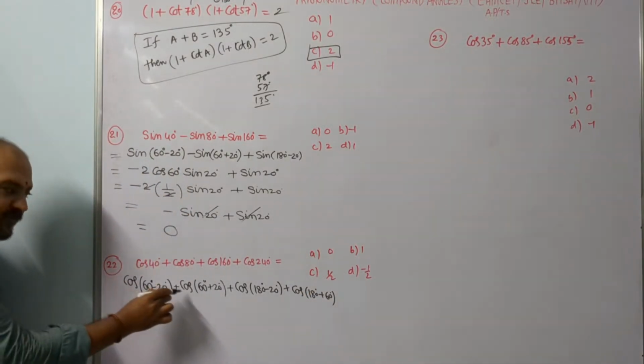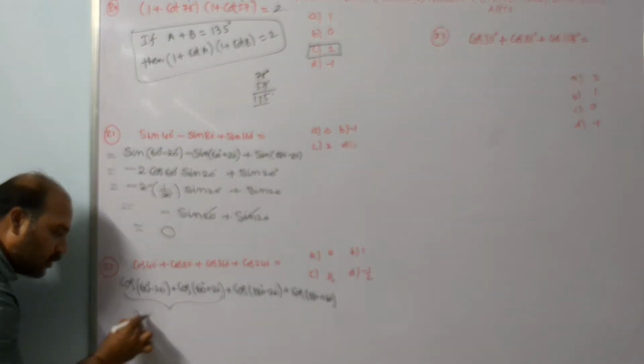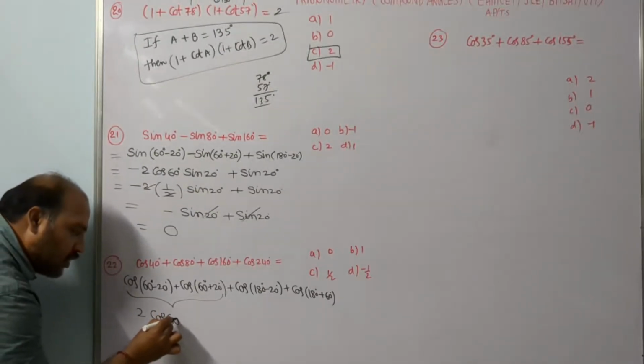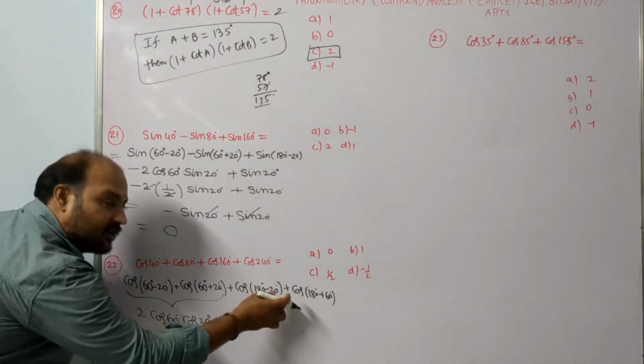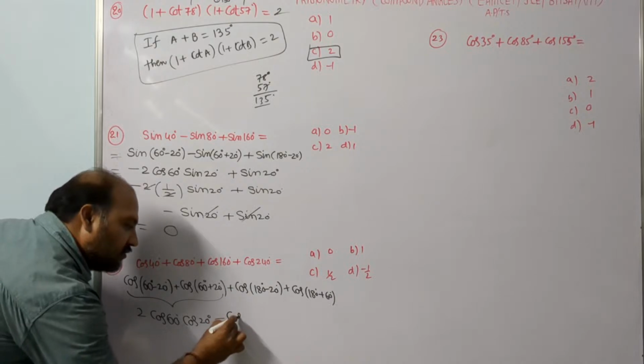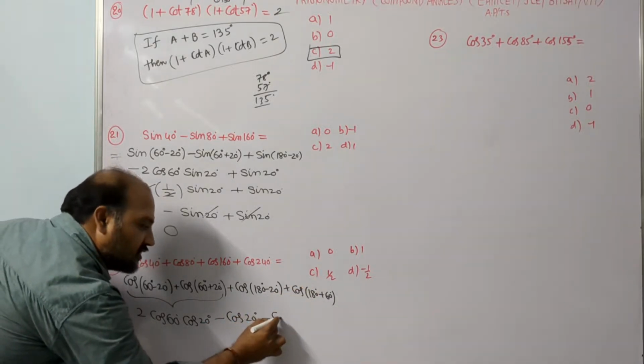Cos of A minus B plus cos of A plus B is 2 cos A cos B, so 2 cos 60 into cos 20. Next, cos of 180 minus 20 is minus cos 20. Next, cos of 180 plus theta is minus cos 60.